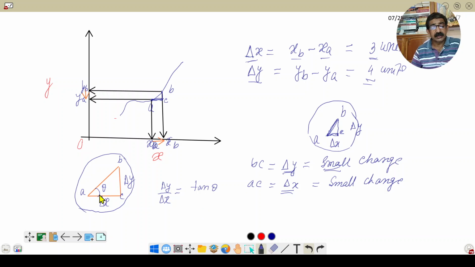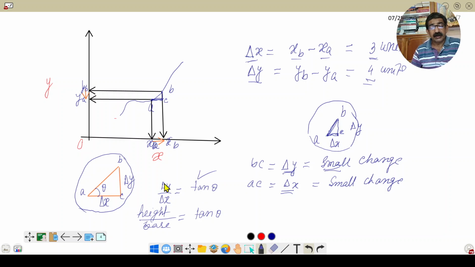If this angle is theta, then height by base is known as tan theta.